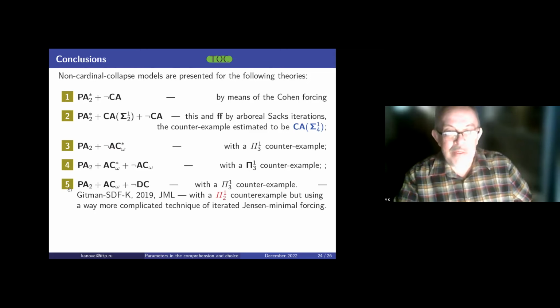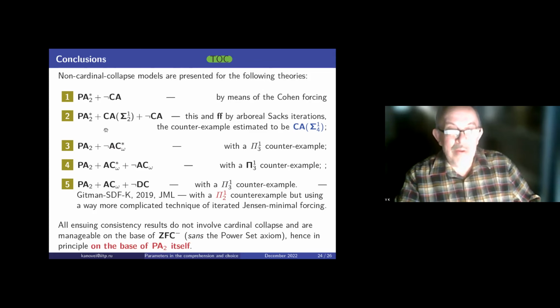Well, and I must say that once again, there is an earlier defined model of the fifth kind in a paper by Vika, Friedman, and myself with a counterexample, but on the basis of more complicated techniques.